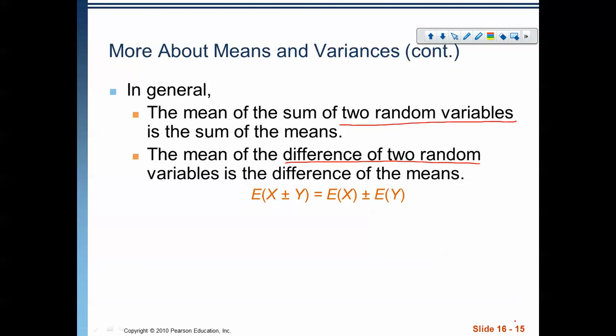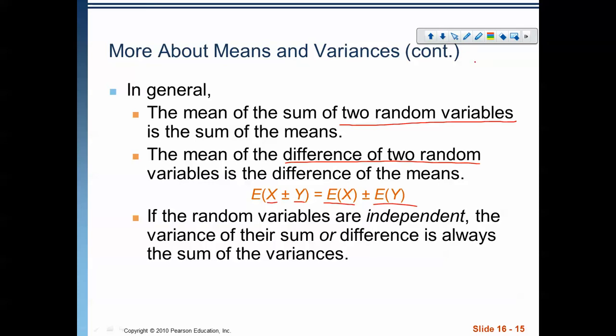So if I had two different companies and wanted to find out what the average would be if I added those two companies together, I simply take the average of the two companies and add them together. If it's the difference between them, if I want to know which company pays more on average, I take the average of each and subtract them instead of adding them. That's if I have two different random variables.